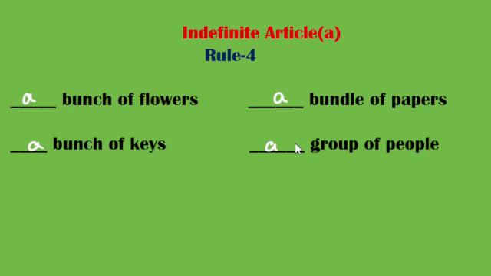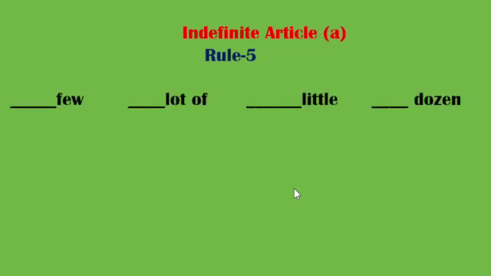Let's learn about rule 5. This rule 5 talks about quantities. Especially here, the indefinite article a is used before quantities. Let's see examples: few, lot of, little, dozen. They talk about the quantity of things or items.